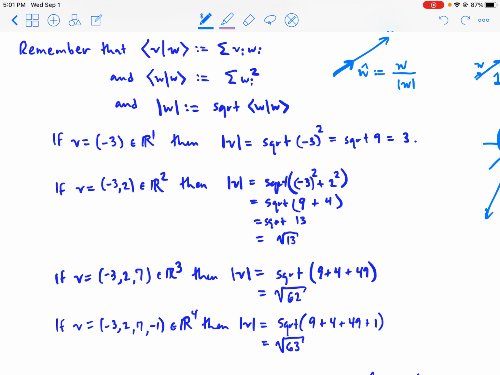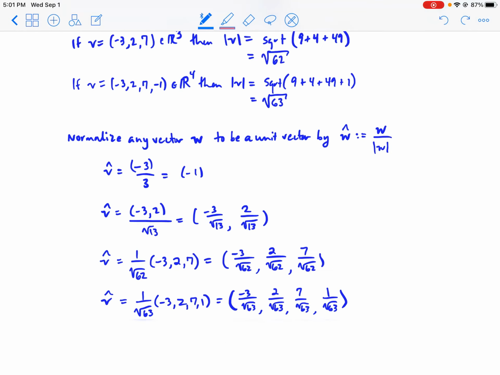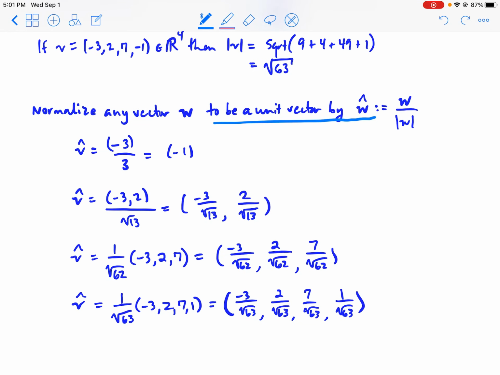And so then what I do is just take each of these vectors, divide it by its length, and that gets a unit vector, usually called with a hat. Okay, so you could just write it like this, or you can put the denominator inside, or you can even write it as a fraction outside.